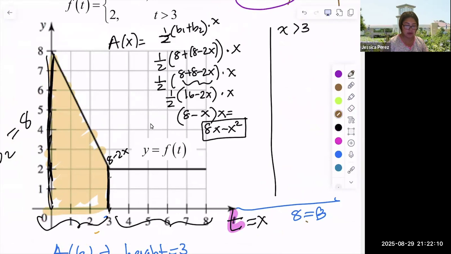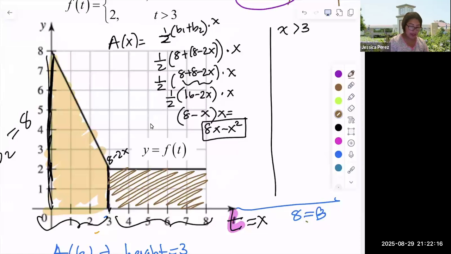I'm counting also these two pieces, including this part, and now I'm going to have to remove this part, which is already A of 3. We know A of 3 was 15. That's just the trapezoid. And what I have remaining here is base times height. My base is 2. It will stay as 2.